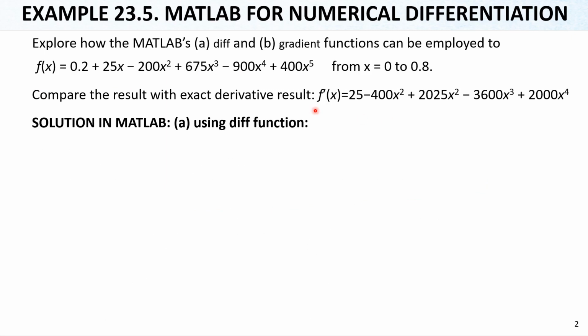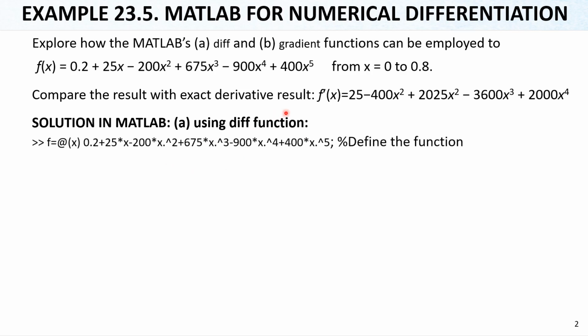In this slide, we have this function, and from x equals 0 to 0.8, we want to use the diff and gradient functions to take the derivative and compare the result with the exact derivative. When you take the derivative of this, the first derivative is this. Let's use the diff function first.